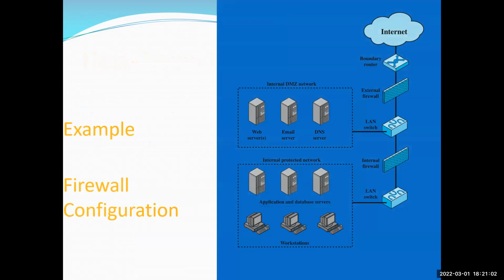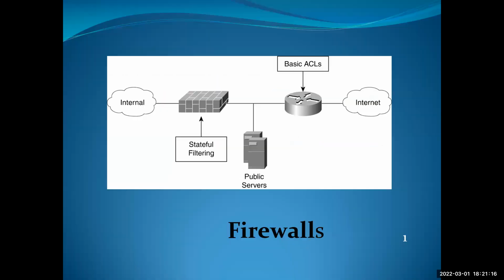Here's an example of the network configuration. One of the things about all these, I have several diagrams throughout these slides. And one of the things I want you to always think is always go back to this classic design. You know what I mean?